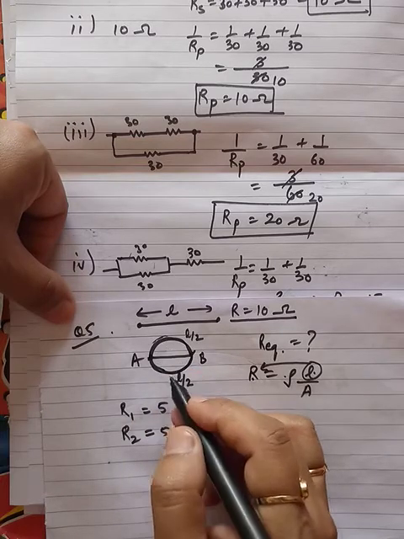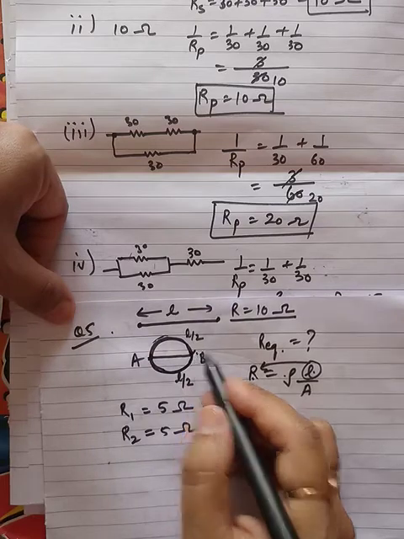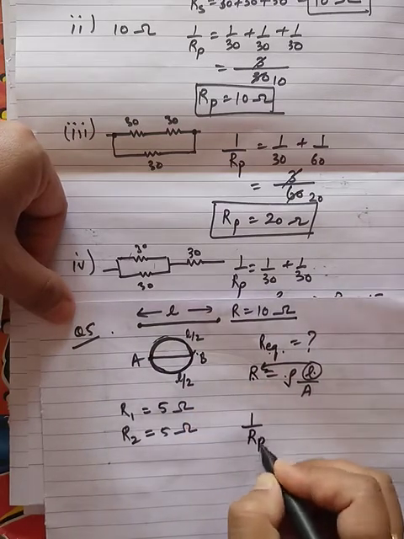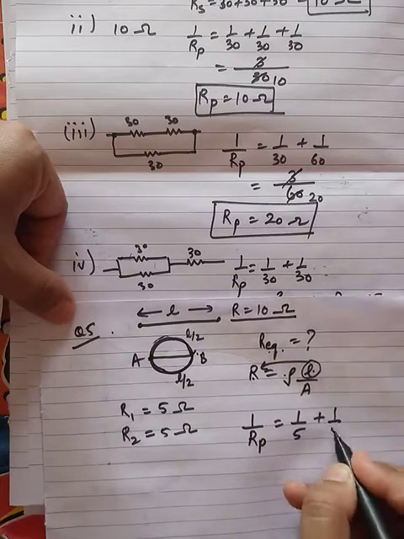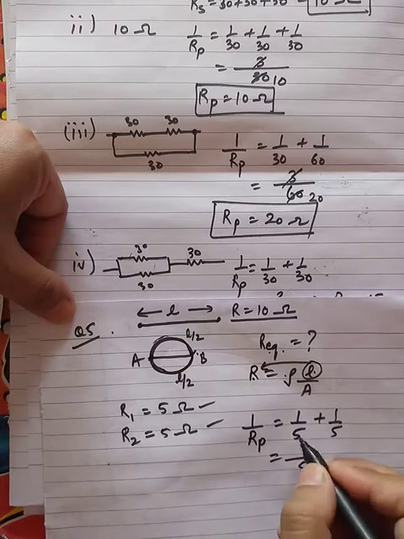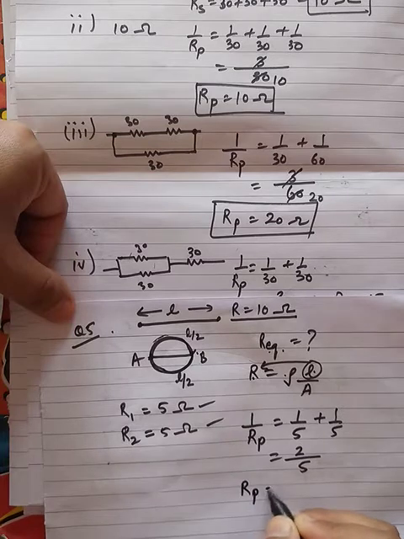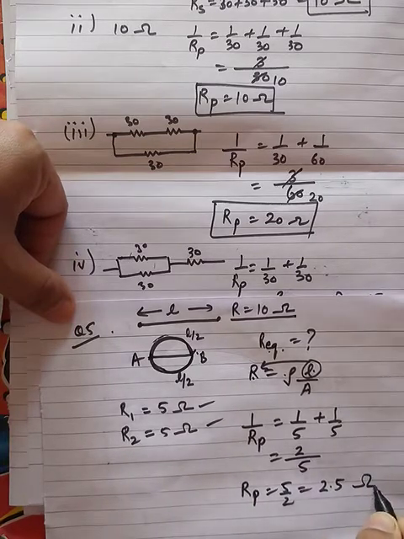These two are connected in parallel. Across AB we have to find the equivalent resistance. So for parallel we will use the formula 1 upon 5 plus 1 upon 5. These are the two resistances, so it will be 2 over 5. Then Rp will be 5 upon 2, that means 2.5 ohm.